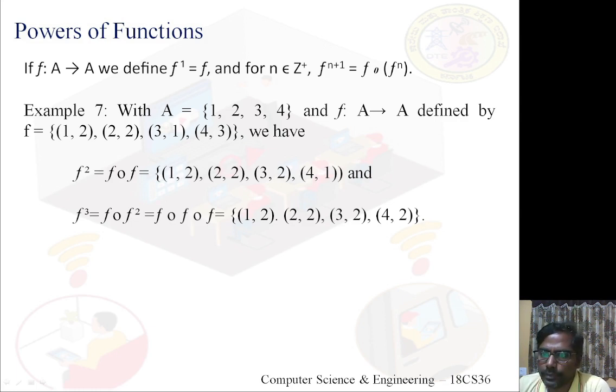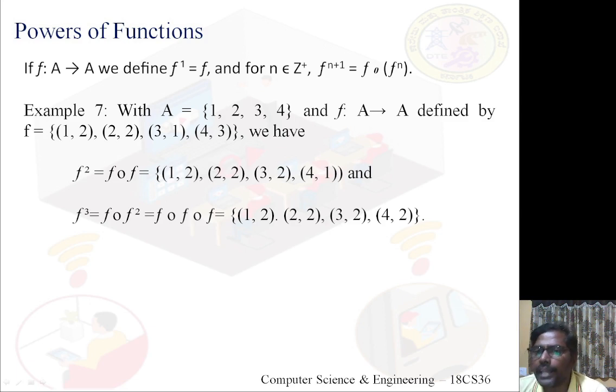Now, if f is a function from A to A, we define f to the power 1 equals f, and for n belongs to Z plus, f to the power n plus 1 is nothing but f dot f to the power n. I repeat, f to the power n plus 1 is nothing but f dot f to the power n.